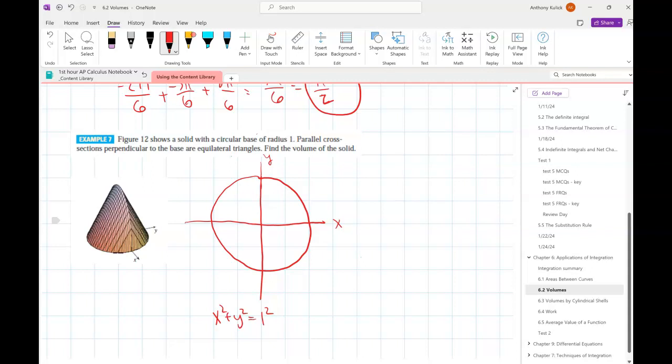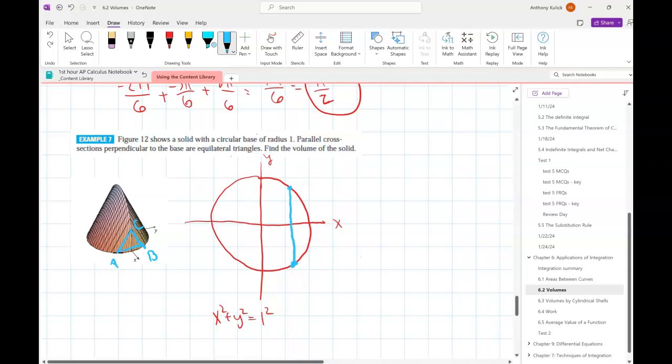So if I take one of these, that's going to be my equilateral triangle. So if I call this A, B, and C, A and B are on opposite sides of the x-axis.